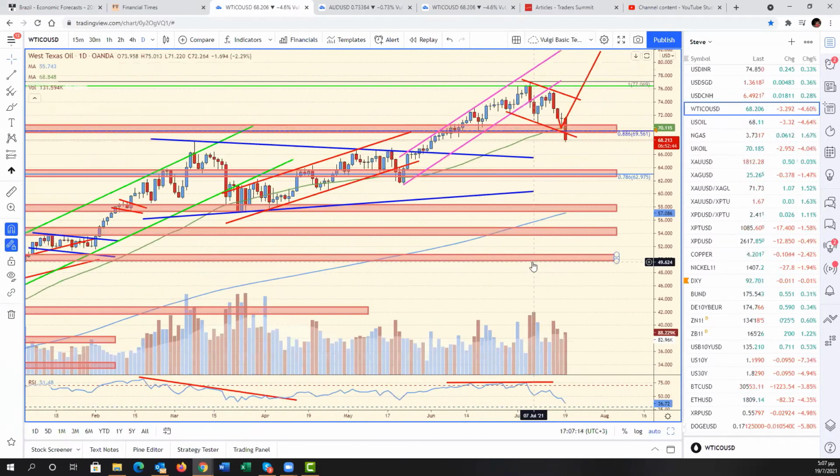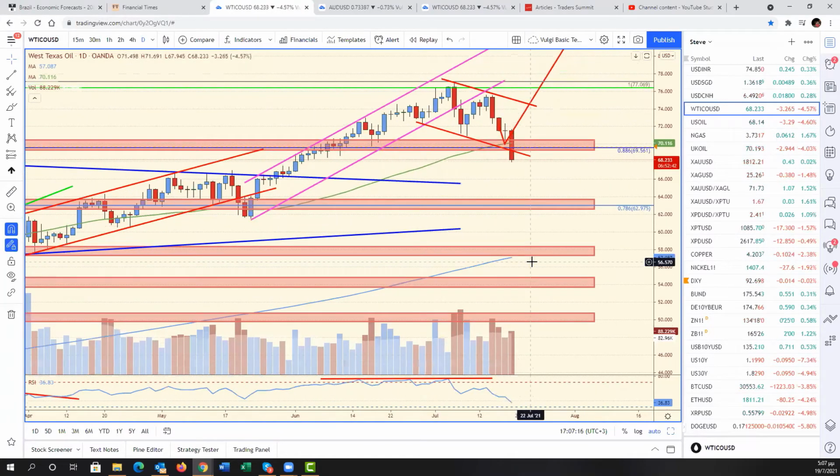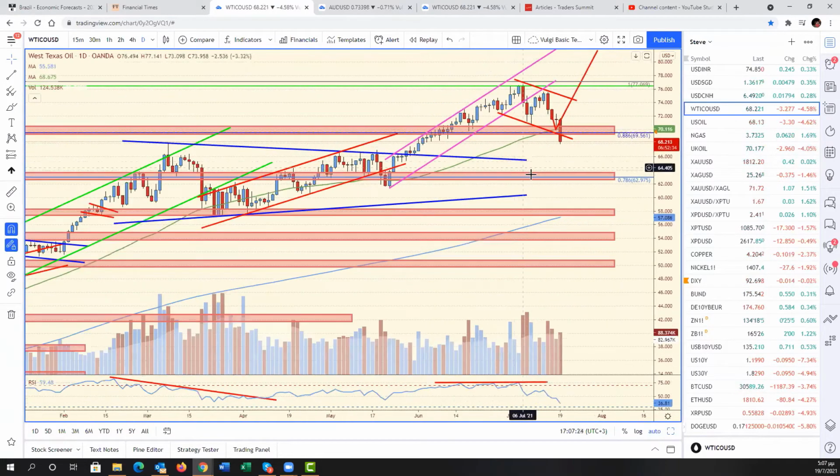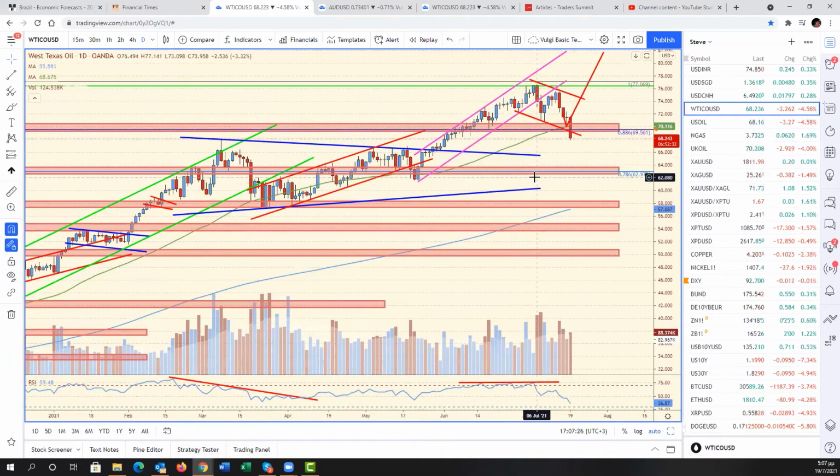So there was the simple corrective pattern case scenario, which was another orderly pullback within another bull flag. But so far today, we seem to be slicing through the bull flag's trendline support with quite a lot of momentum.